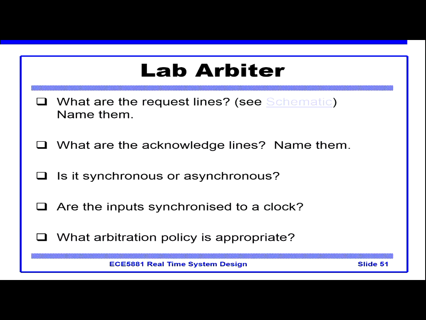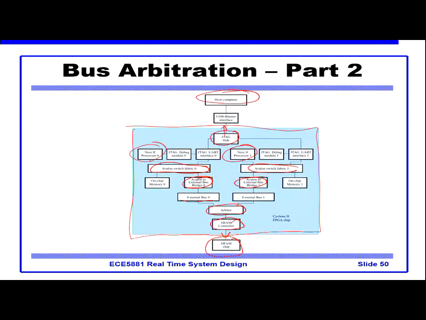So we have an arbitration logic circuit, an arbiter. It has two request lines. What are the names of those signals? Look at this diagram and tell me what the name of the request lines are.